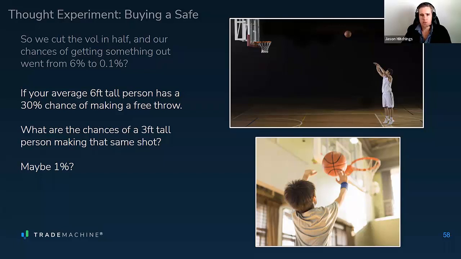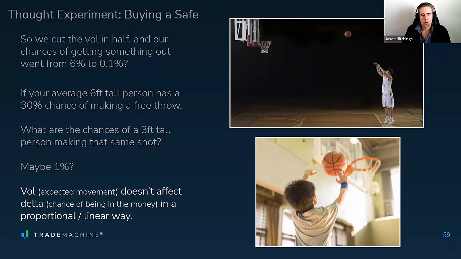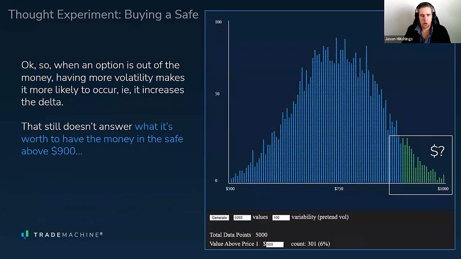And what are their chances of making a free throw with a normal basketball, normal hoop from that distance? Not good. There's probably a couple kids that could granny it up there, but it's not proportional. The amount of movement that someone twice the size can get on the basketball, the chance of ending up in the basket, is radically different. And that gives you a sense of the way that the options world works. You double the vol and you get a radically different result, especially if you're looking for things that are far out of the money.